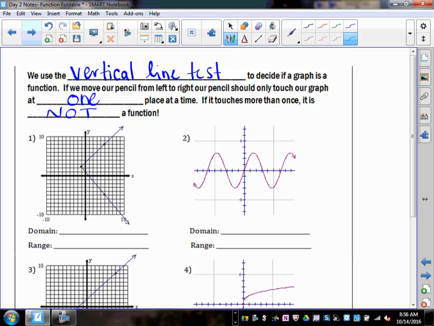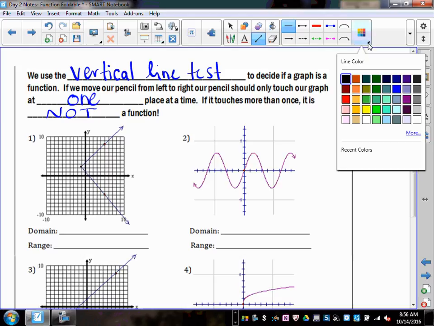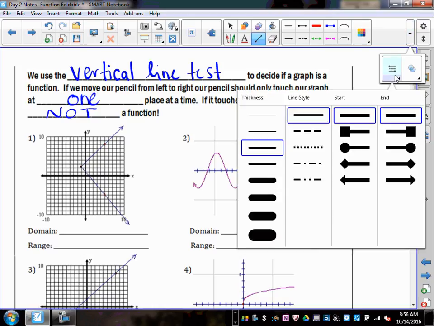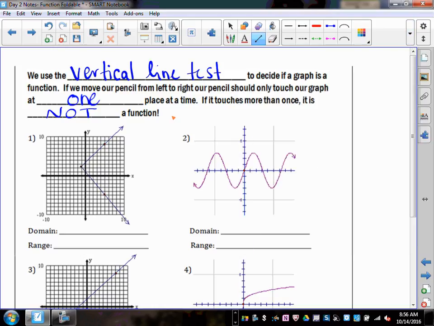Alright, so you're going to use your pencil. I'm going to go ahead and try to draw the vertical line here. Let's go with orange. Okay.